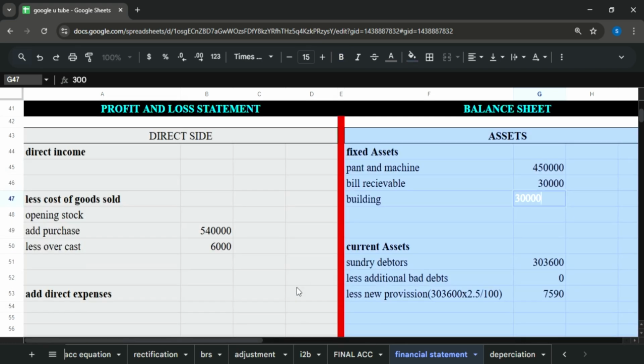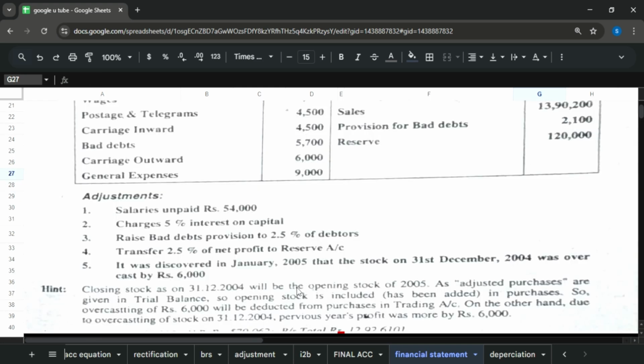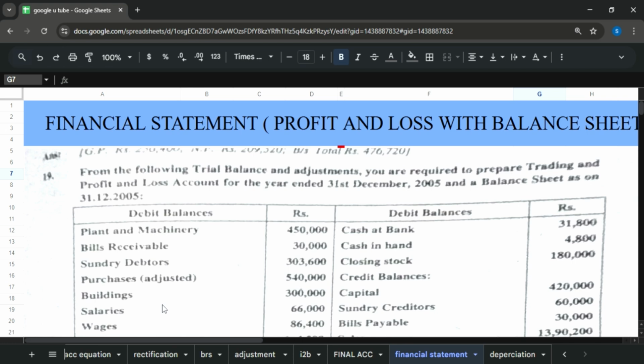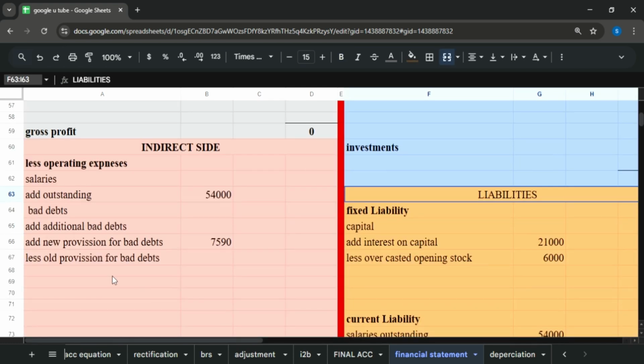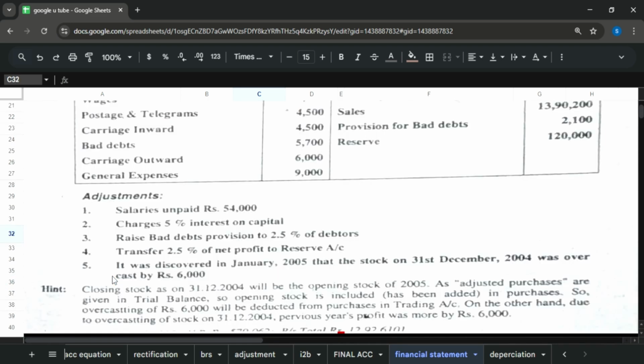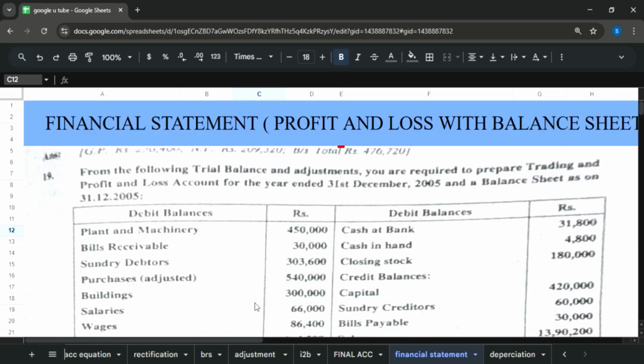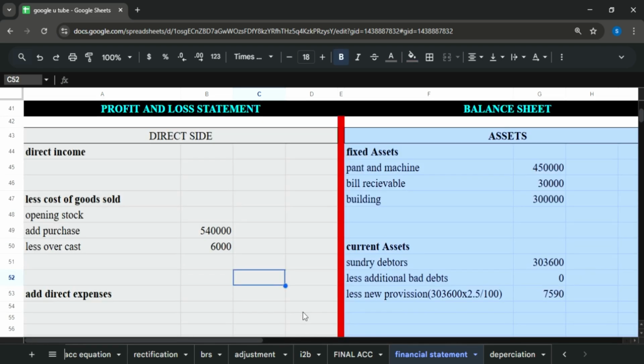Look, in these questions, when dozens of amounts are present, you need to be very focused. Then we have salaries 66,000. Operating expense, you will come over here and you will write salaries, the amount of which is 66,000.